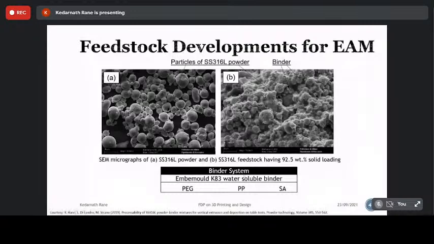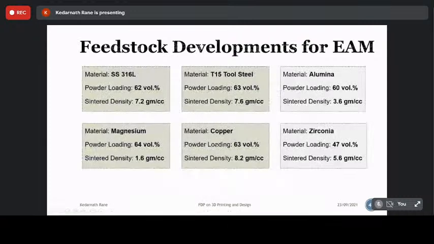Because I use this in an academic environment, we went for a more eco-friendly binder system: PEG, PP, and stearic acid. We used the MBAB mold K83 water-soluble binder system, which is procured and mixed with the powder in-house.